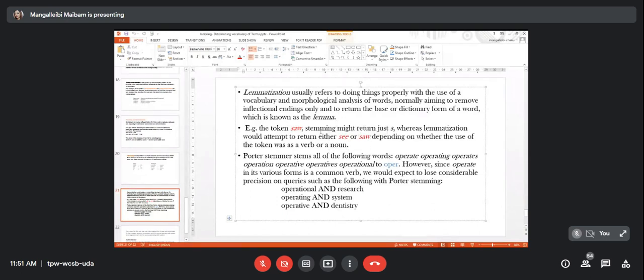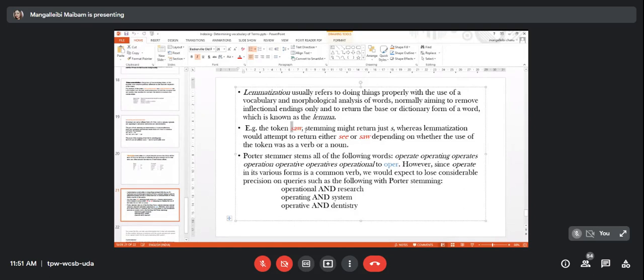But stemming means chopping off, right? Or removing the derivational affixes. So when you consider saw, we may chop off the end of the word, the W, or we may chop off AW. So sometimes this may return only S. So when you perform stemming or lemmatization, you have to see the term properly.